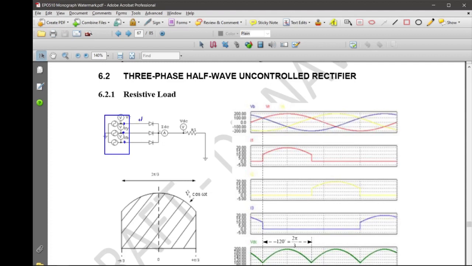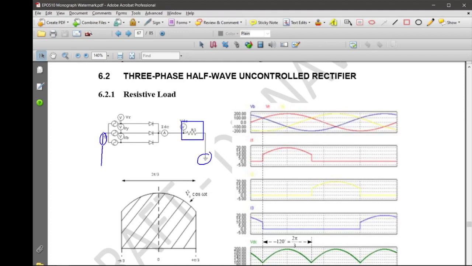So this is anode, anode, anode, and the anode of each diode there will be common. This point is known as a midpoint of the diodes, and that's why it is known as a midpoint converter. Then we connect to the first load, which is the resistive load, and you have a common ground.